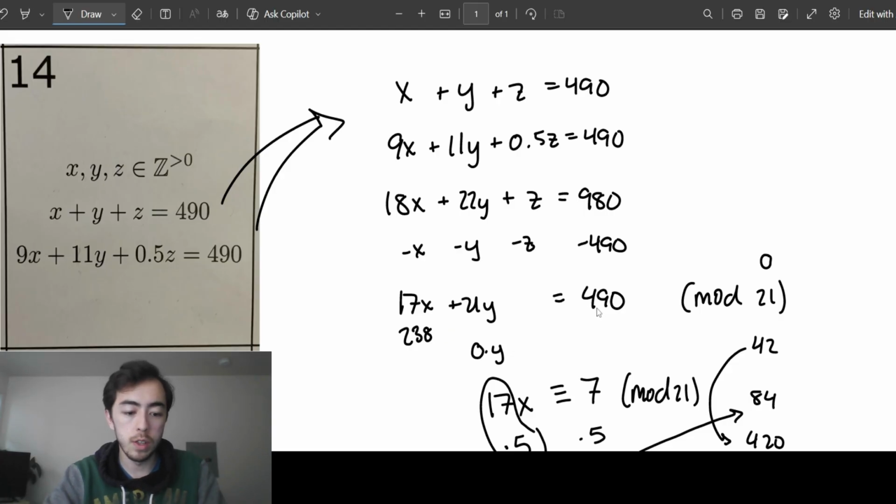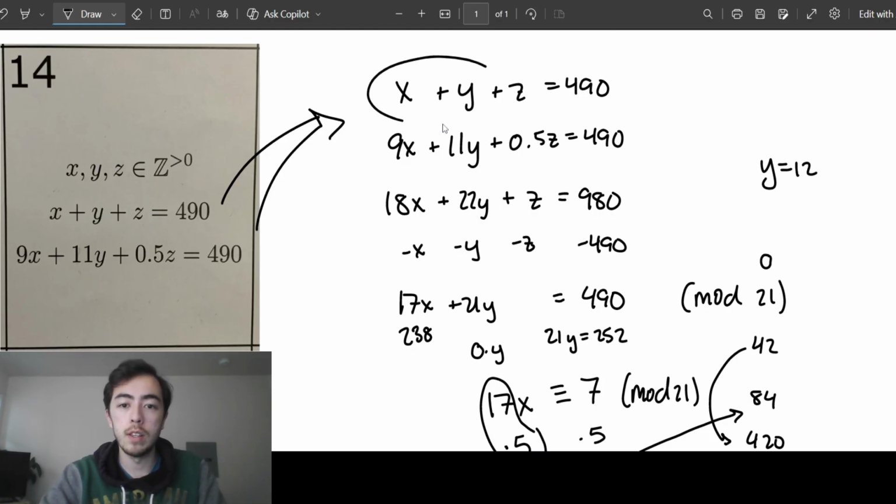Subtracting the 238 from 490 shows me that 21y should be equal to 252. Dividing that by 21, we get y is equal to 12. And then plugging in the 12 and the 14 into this equation, I can then subtract the 12 and subtract the 14 and get z is equal to 464.